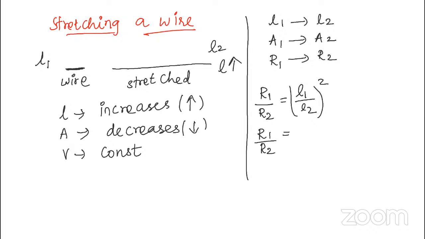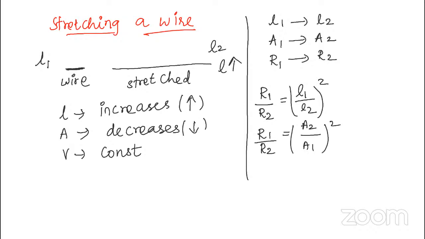Yes, very good. It is A2 by A1, because this is inversely proportional. So 1 by A1 divided by 1 by A2, when we bring the multiplication, it becomes A2 by A1. So A2 divided by A1 the whole square.